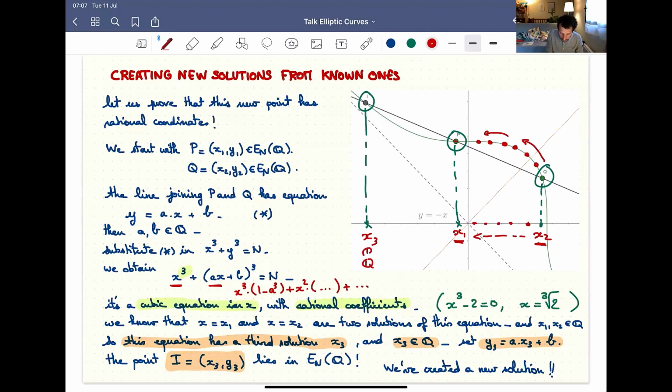And the line joining P and Q, when Q grows closer and closer to P, the line joining P and Q tends, and in between quotes, this is not very precise, but the line joining P to Q tends towards the tangent line to the curve at P.